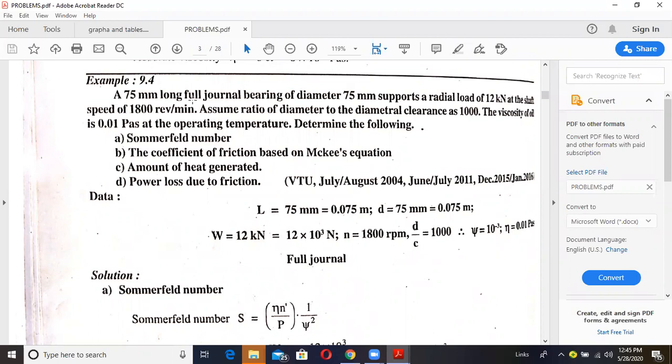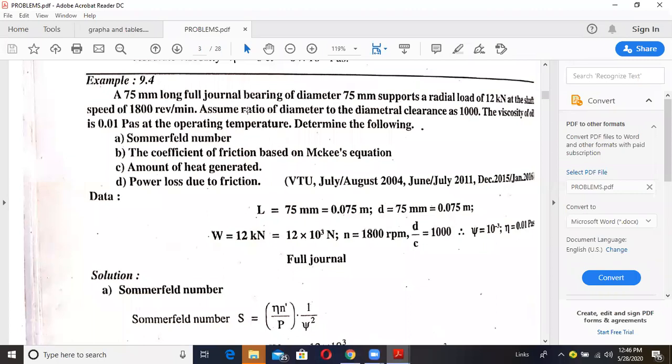So they have given us some data. They have given a 75 mm full journal bearing, that is, length L is equal to 75 mm, converted into meters. They have given the diameter, converted into meters. The radial load W is given in kilonewton, converting to Newton by multiplying by 10 to the power of 3. Speed N is equal to 1800 RPM.